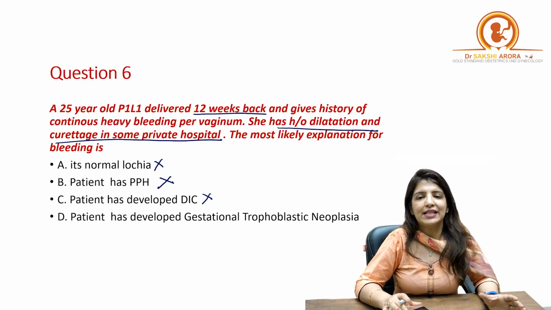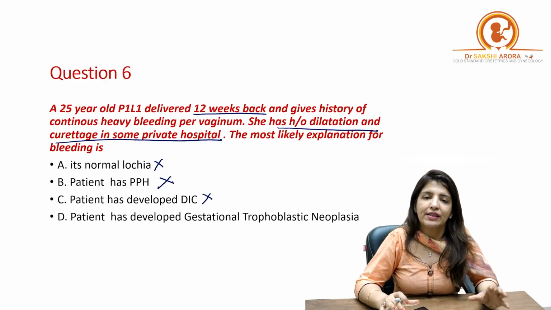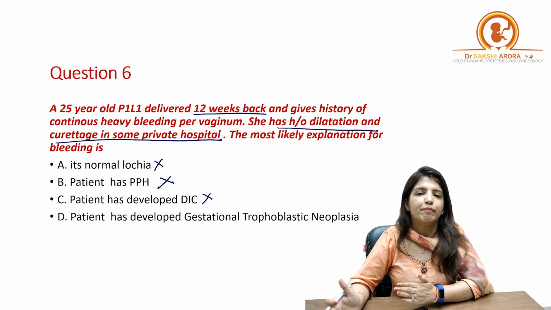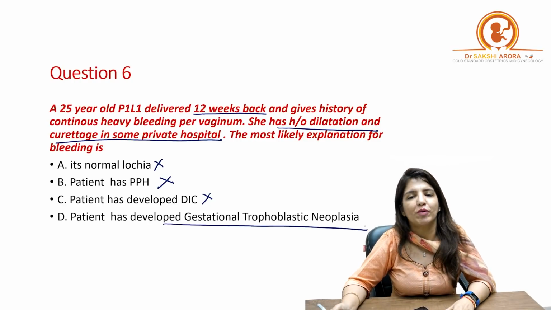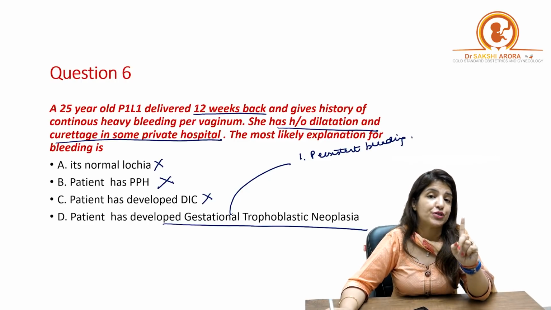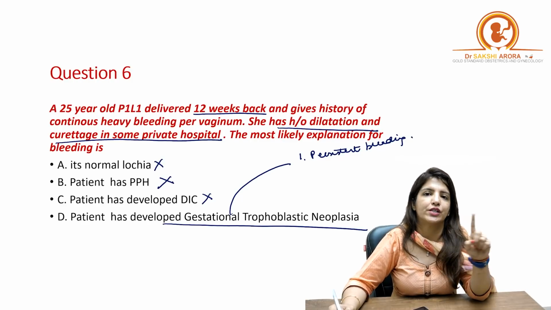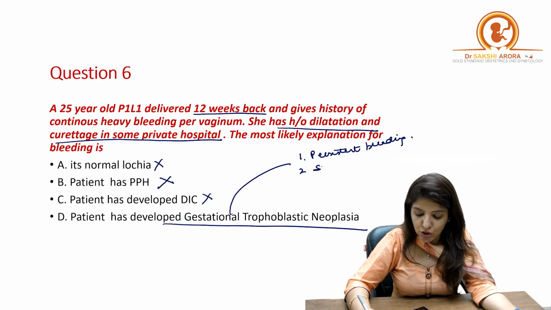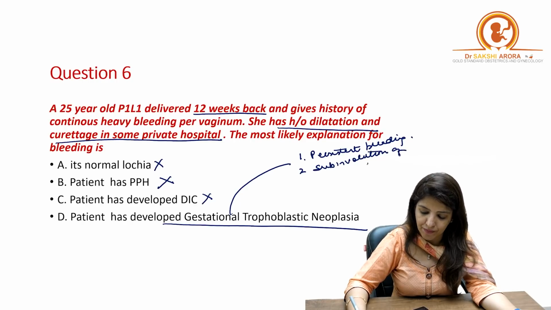What are the signs and symptoms which should tell you that after H-mole evacuation or after delivery, the patient has developed gestational trophoblastic neoplasia? Number 1, if the patient is having persistent bleeding, that should bring your attention towards gestational trophoblastic neoplasia. Number 2, if there is subinvolution of the uterus.